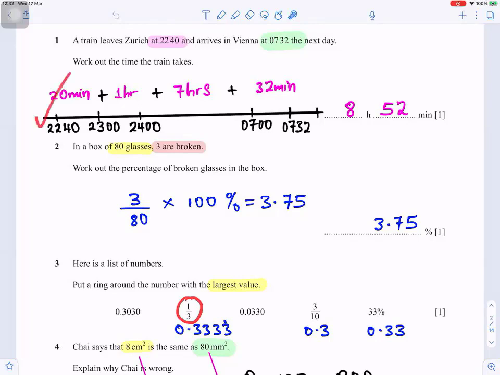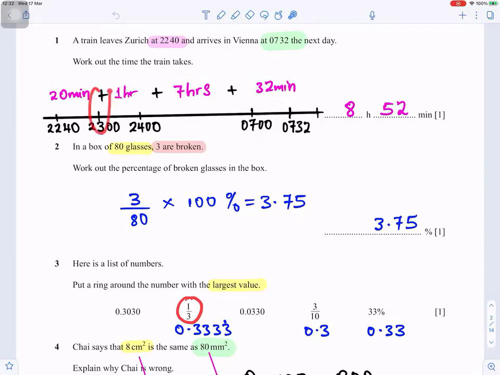So they leave at 22:40 and arrive at 07:32. So I draw a timeline. From 22:40 to 23:00 is 20 minutes. From 23:00 to 07:00 is 7 hours.